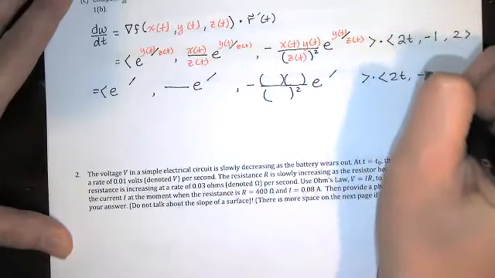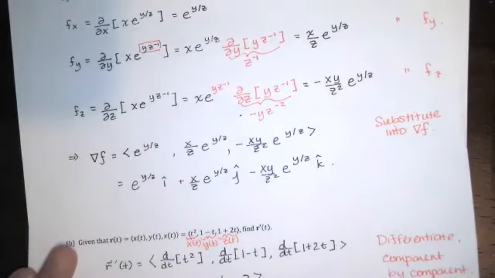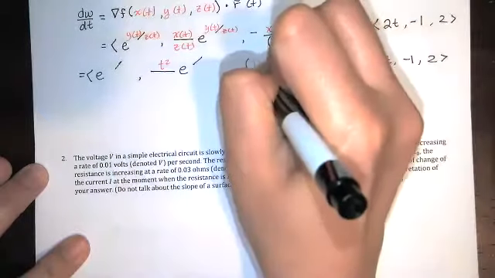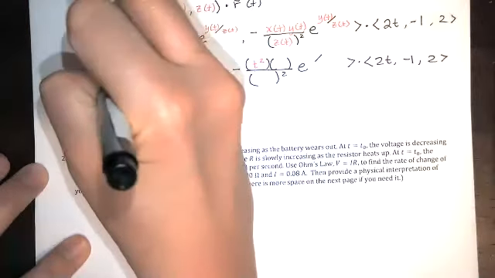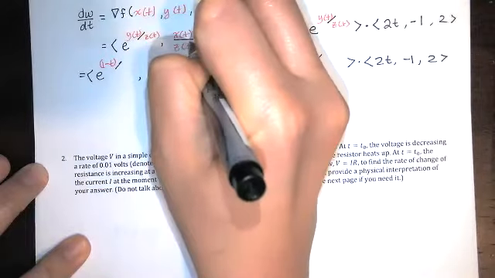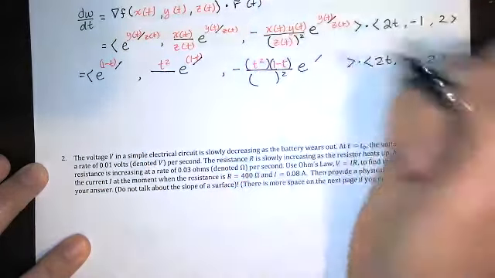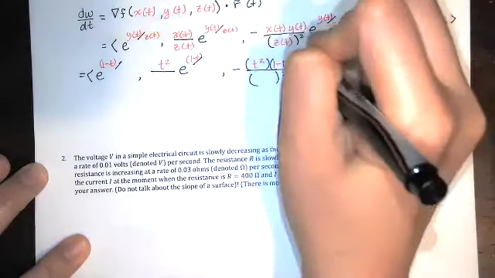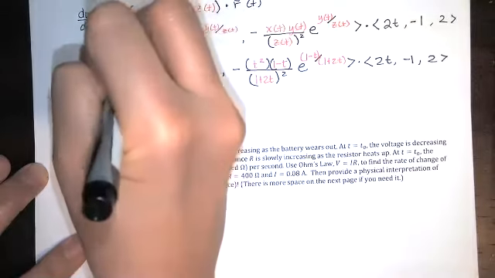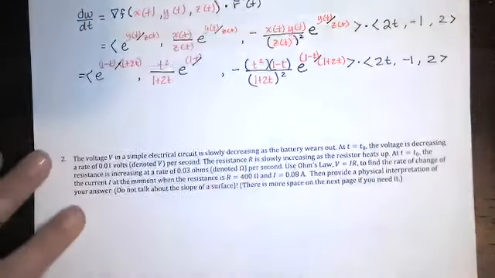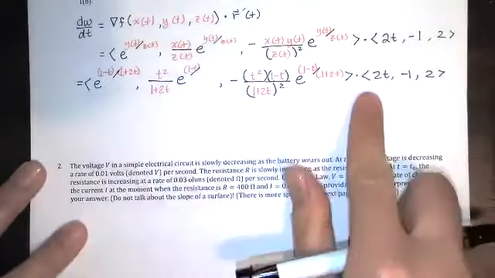And remember, x of t is t squared, y is 1 minus t, and z is 1 plus 2t. Okay, so now I've got everything here in terms of t, and I've got everything over here in terms of t. Now we just want to take a dot product.